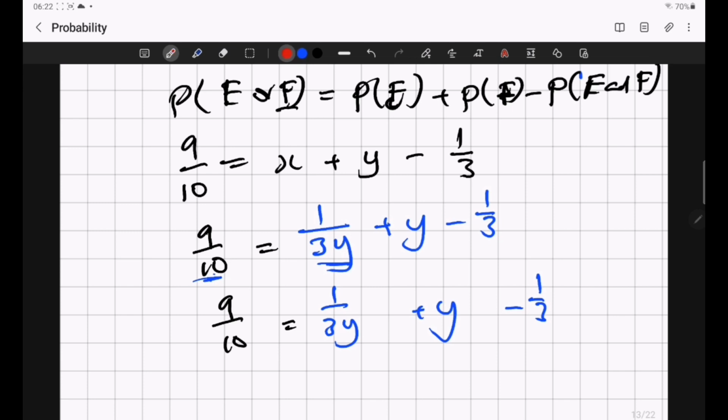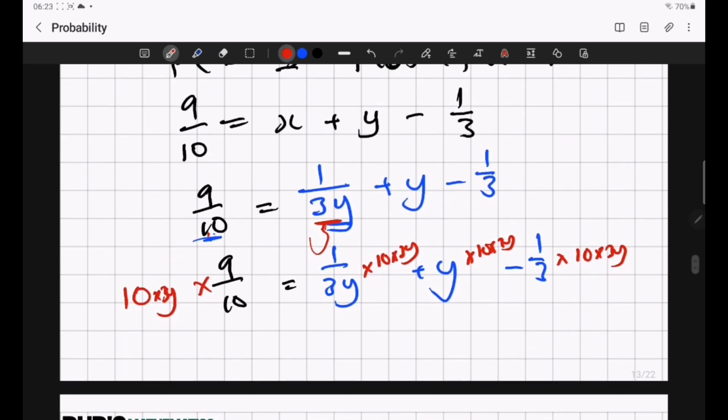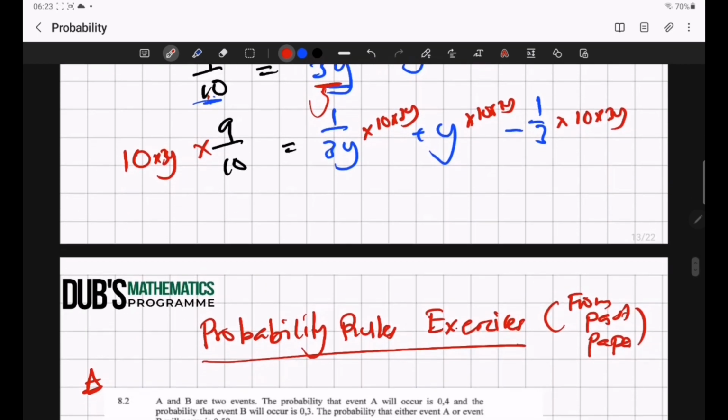So we're going to multiply these by 10 times 3Y. That's going to be our technique to clear the fractions. You could do it step by step: multiply by 10 throughout on both sides, then in the next step multiply by 3Y, but I choose to do it in one step because it saves time.